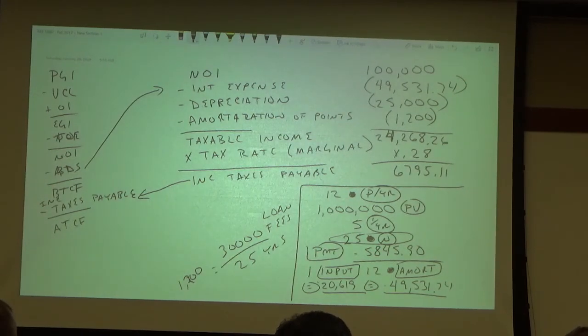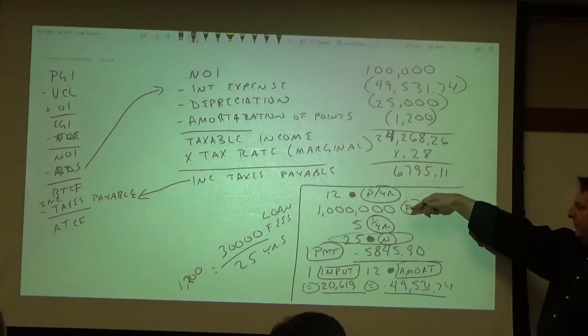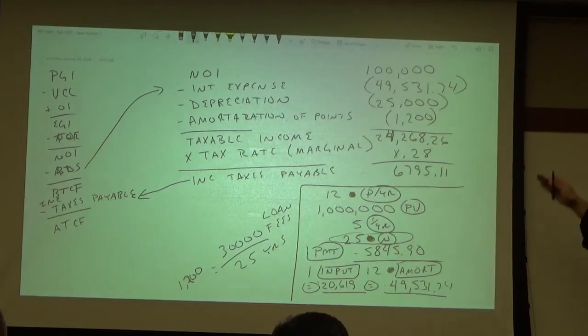You're getting a tax benefit because the IRS is basically saying, in this year, the value of your property has gone down from somewhere over $1 million. This is the loan amount. You've obviously got land value and also the full purchase price of the property. But your property has gone down by $25,000 is what the IRS is saying for depreciation purposes. Does that make sense?